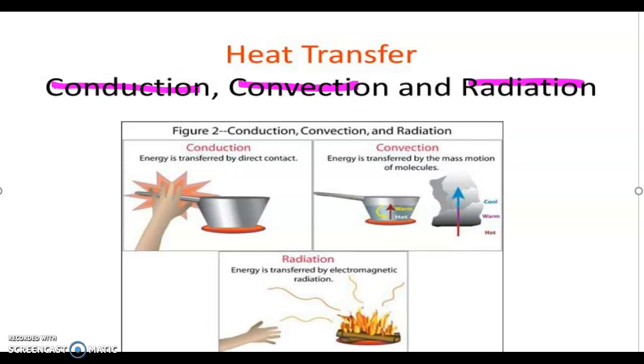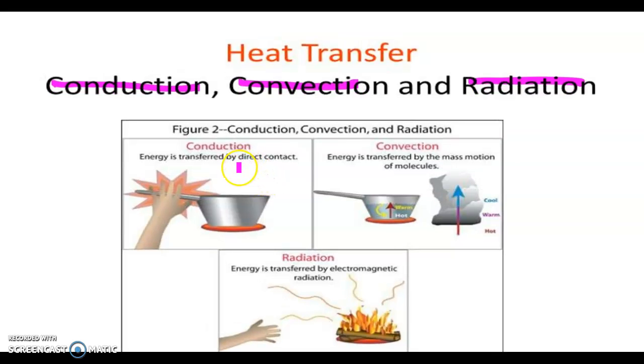So pay attention to this keyword, direct contact. Convection, energy is transferred by the mass motion of molecules. Whereas radiation, energy is transferred by electromagnetic radiation.